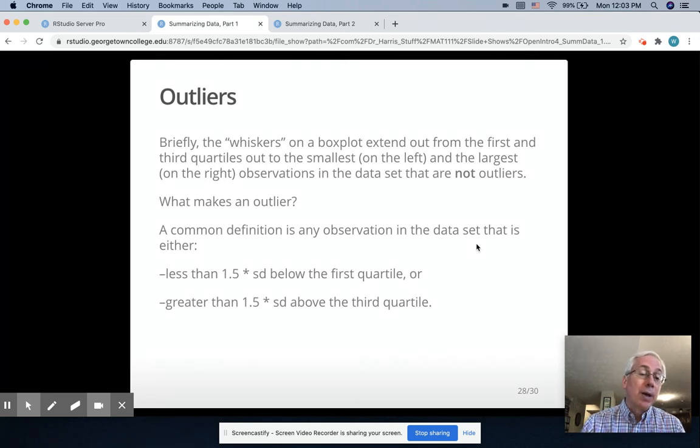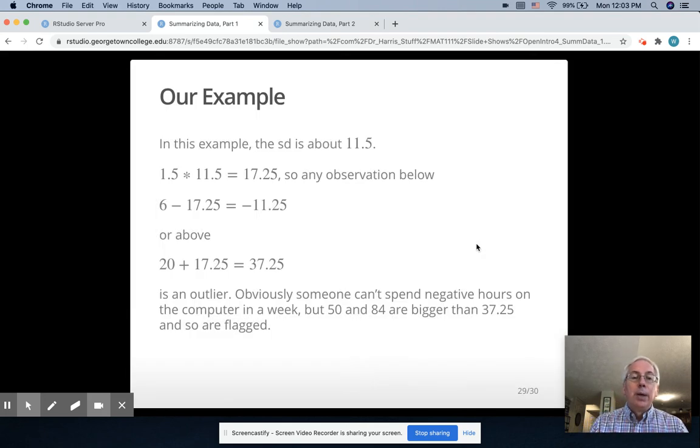So we need to know the value of the standard deviation. We're going to multiply the standard deviation by 1.5, and then we're going to subtract 1.5 standard deviations from the first quartile and add it to the third quartile. That's going to tell us what range of values constitute, quote, normal values and non-outliers. So here we go. The standard deviation was about 11.5 if you go back and look at the stats for this data set.